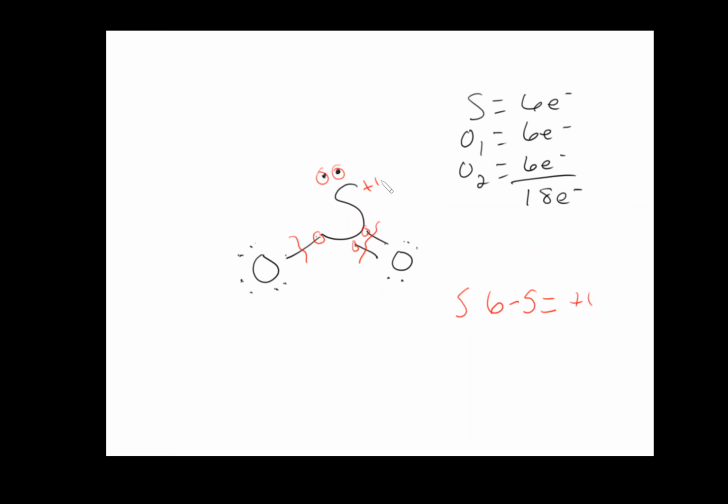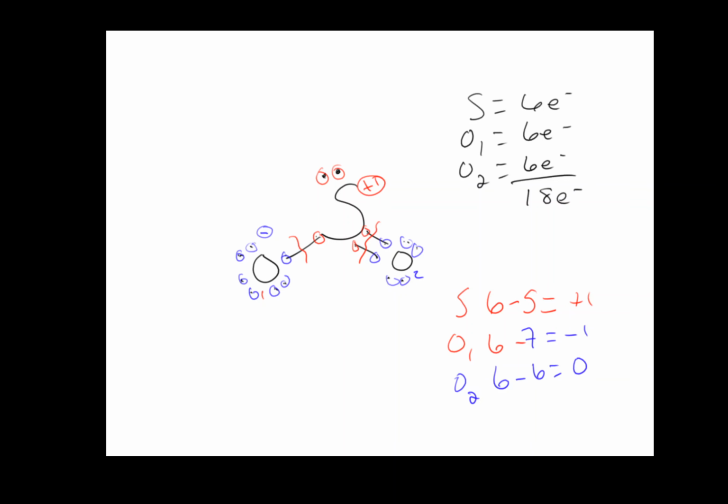Oxygen 1 brought 6 to the party, and it owns 1, 2, 3, 4, 5, 6, 7. It owns 7 at the moment for an overall -1. And oxygen 2 brought 6 to the party, and it owns 1, 2, 3, 4, 5, and 6.